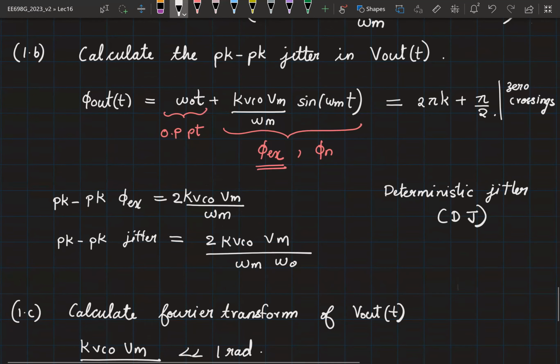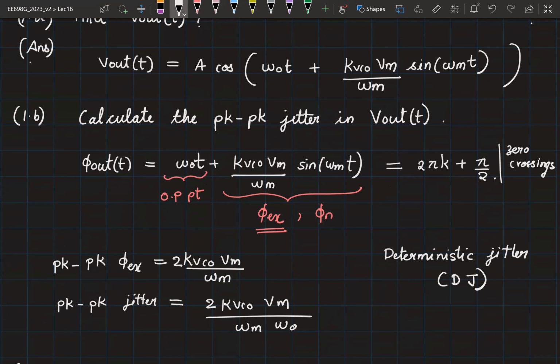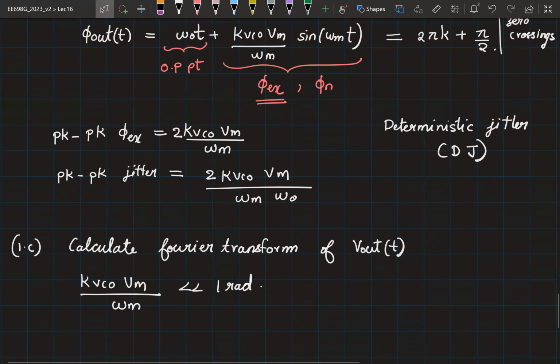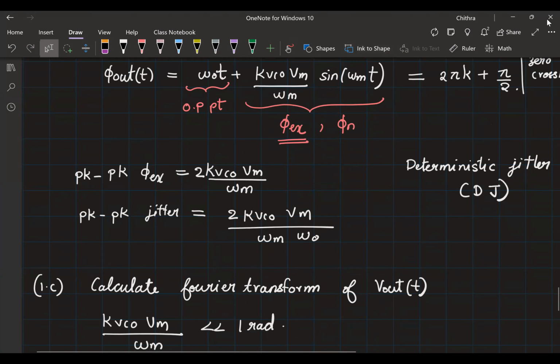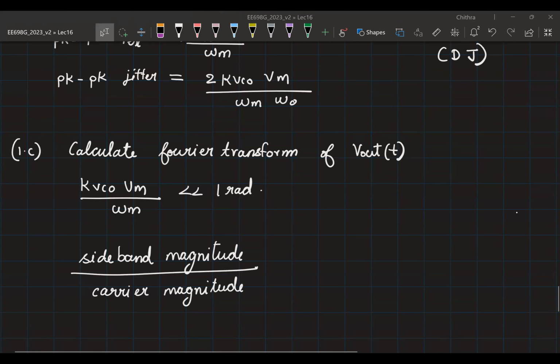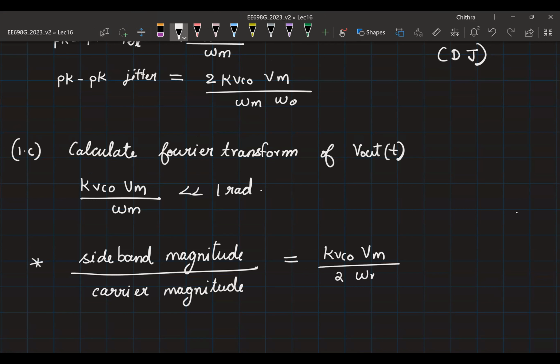My suggestion here would be to manipulate this V out of t first and see if you can represent it as individual cosines or sines. Then it becomes easier to place the impulses in the frequency domain. Beta by 2. So once you calculate the sideband magnitude with respect to the carrier magnitude, you get beta by 2, for which the full expression is KVCO Vm by twice omega m.